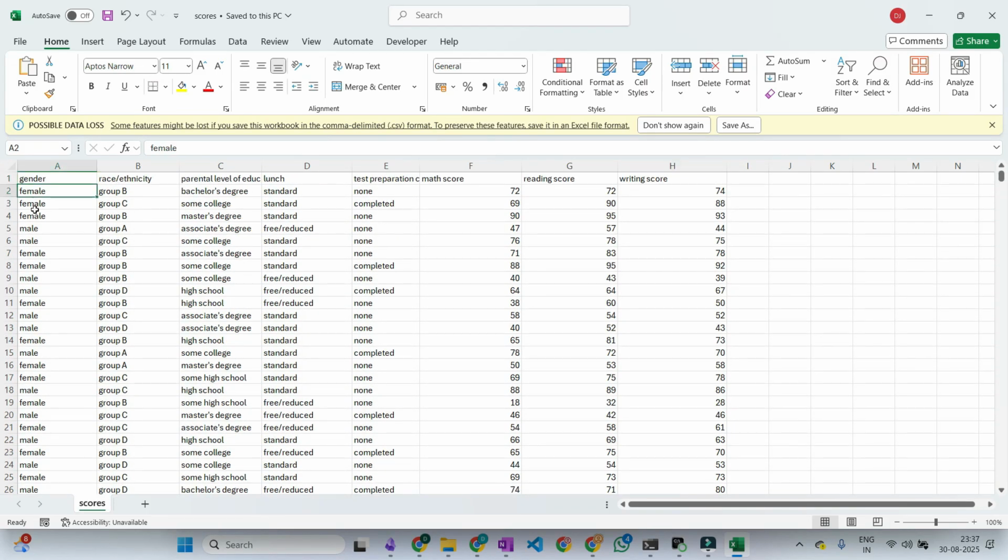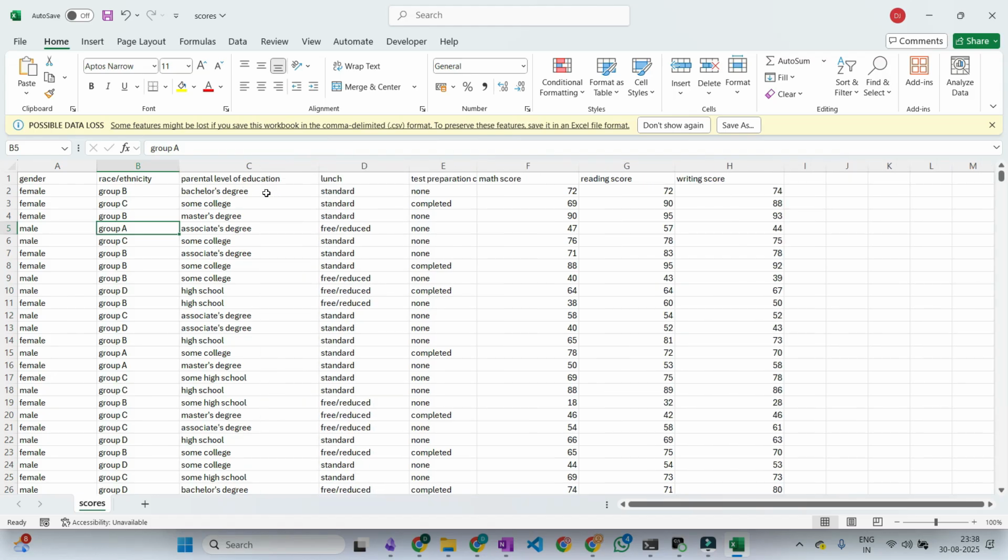It can be male or female, and from different races and ethnicities like group B, group C, etc. And some other conditions like parental level of education are also taken, like bachelor's degree, etc. There are also columns corresponding to lunch and test preparation, etc. Right?